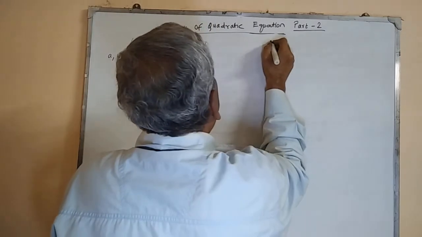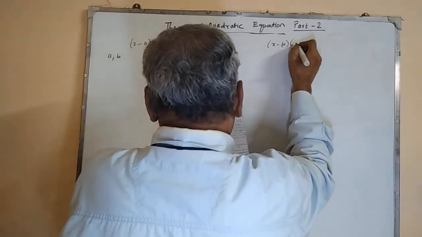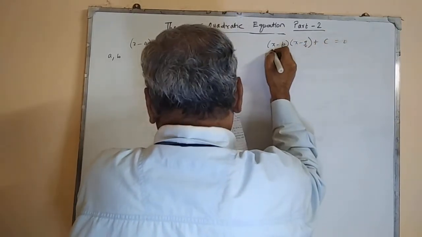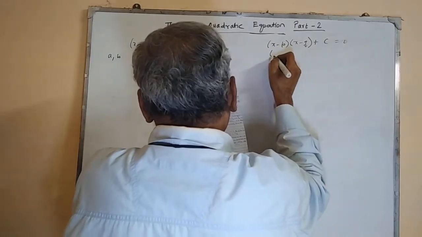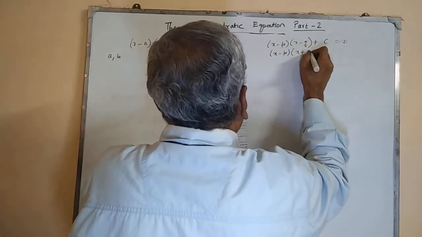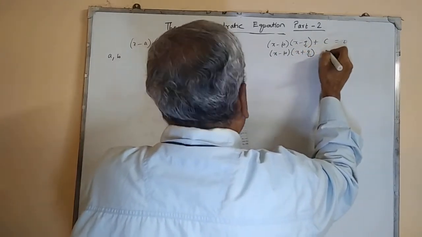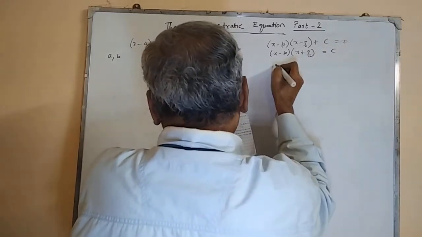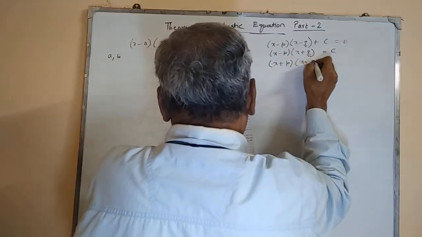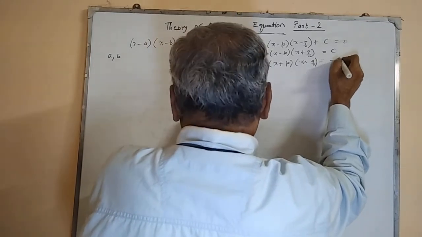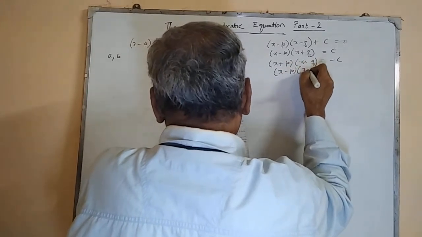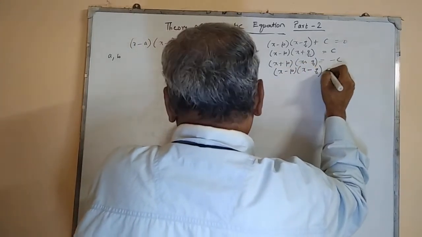Number 1, x minus p into x minus q plus c is equal to 0. Next, x minus p, x plus q is equal to c. Third one is x plus p, x plus q is equal to minus c, and the last option is x minus p into x minus q is equal to c.